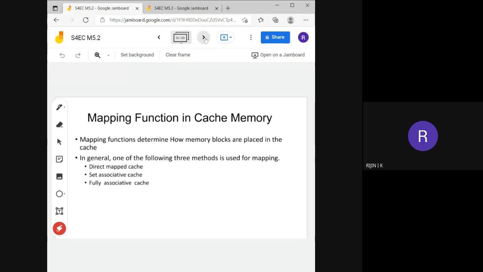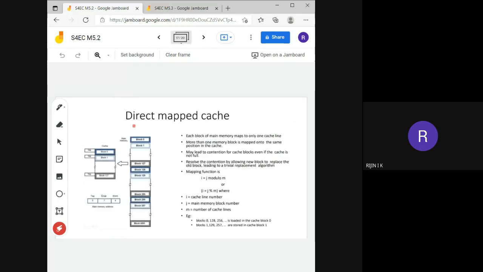Now we can discuss the first one, that is direct mapped caching, or direct mapping technique in cache memory mapping. Before studying the direct mapping technique, consider this example. Suppose this is the main memory and this is the cache memory.